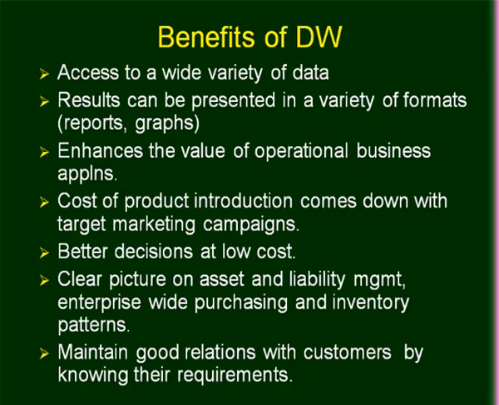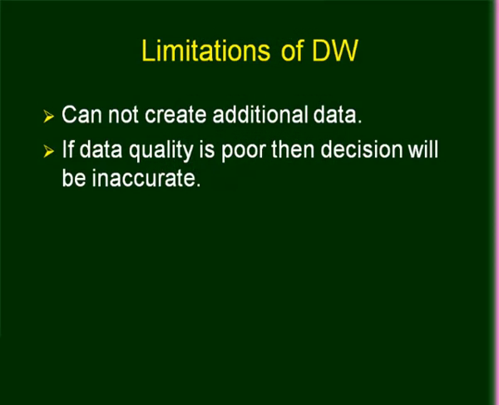And at the same time also we have certain limitations on the data warehouse. Basically data warehouse collects and reports data that already exists. If an organization wishes to analyze the customers by zip code but addresses are not captured, then it is not possible to analyze. So that means you cannot create any additional data like in databases here.